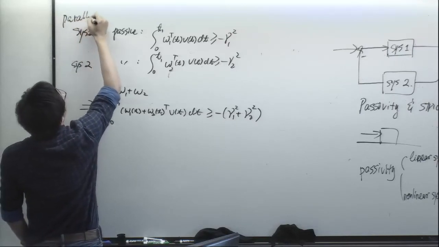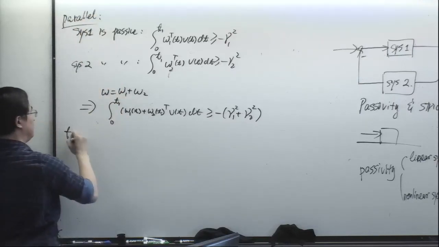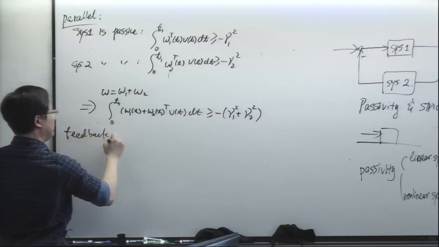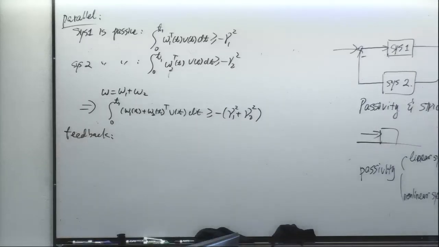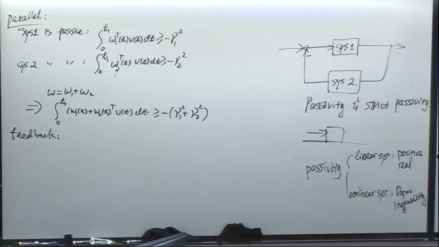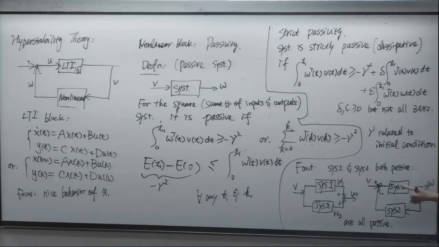Okay, so just looking at, let's call the input to system 1 U, which is V minus the output of system 2. And the output of system 2, let's call it Y2 or something.